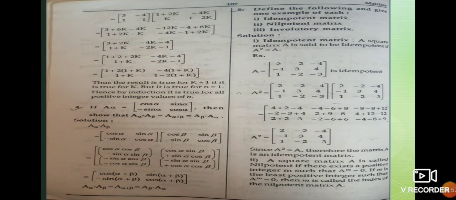If m is the positive integer such that A to the power m is equal to 0, then m is called the index of the nilpotent matrix. A to the power 2, A to the power 3, A to the power 4, A to the power m. For A to the power 3, we multiply A into A into A, and the result should be the 0 matrix or null matrix. Then it is a nilpotent matrix.